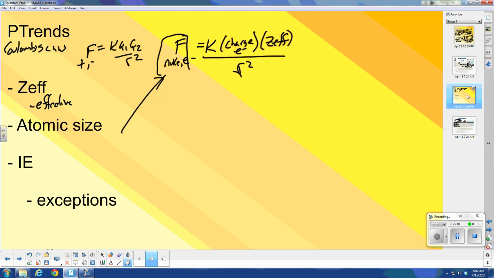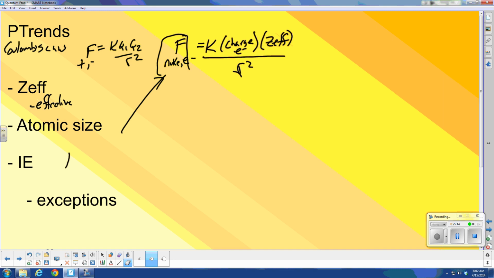Ionization energy. What is ionization energy? It is the energy required to remove an electron from an atom in its gaseous state. And since I am removing an electron, I am pulling a positive away from a negative. This is always endothermic.